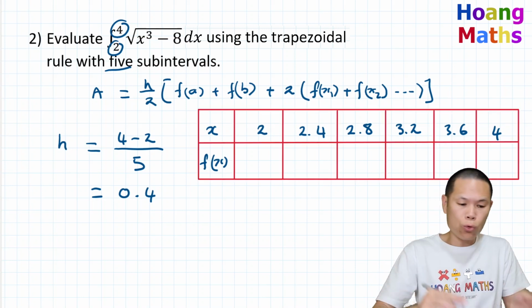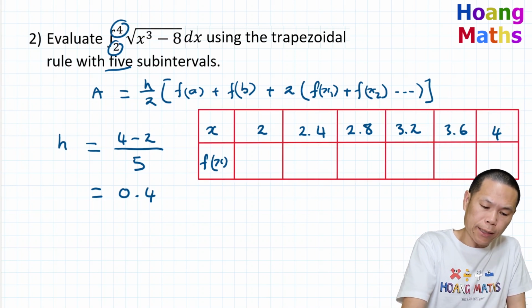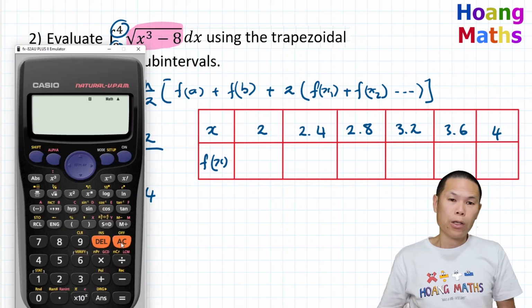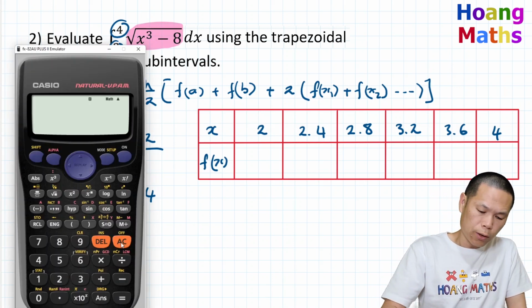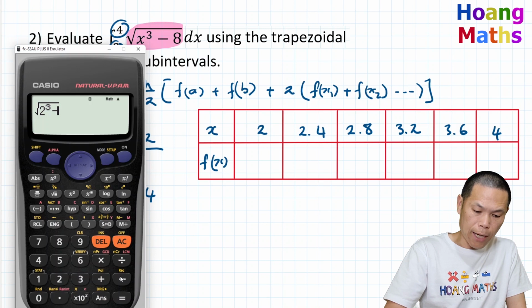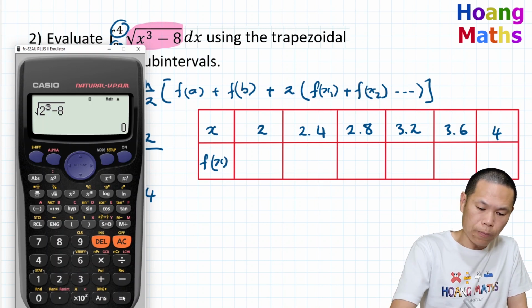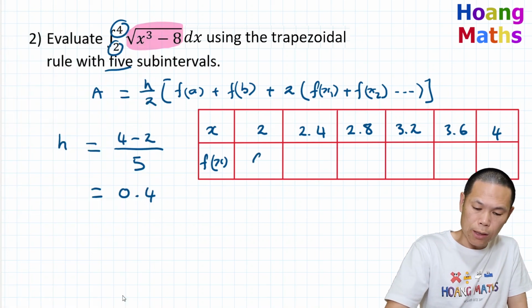Now f of 2. We know that f of x is this function here, so let me put that on the calculator. When x equals 2, f of 2 will give me square root of 2 to the power 3, and then we minus 8. That will give us 0. Let me write this down. So that is 0.